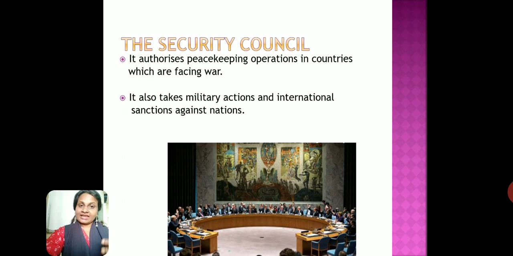That means what? In case a country instigates a war or keeps attacking another member country, what will the United Nations do? They all get together in their assemblies, in their meetings, and they take a decision that we will not conduct business with that country. So that could be one decision that the United Nations Security Council could take.